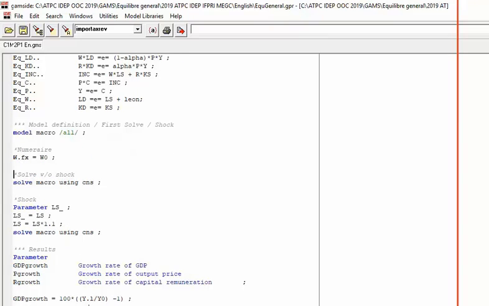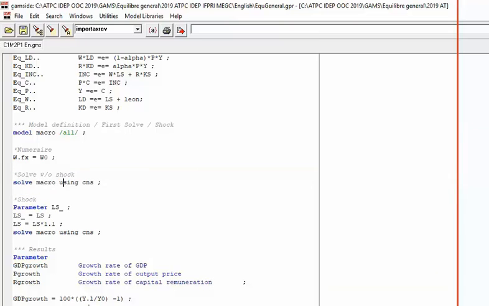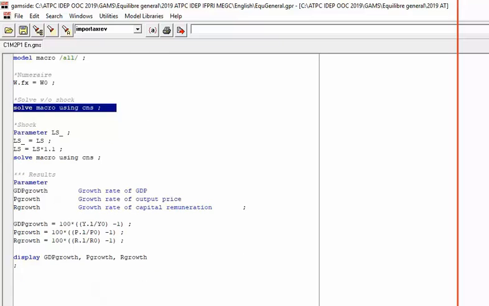Then you ask for a solve without any shock, so it's just to check that the model has been well calibrated. So here this is to ask for a solve, and we will check that the initial infeasibility is 0. Then I implement the shock. This is an augmentation of the labor supply by 10%.